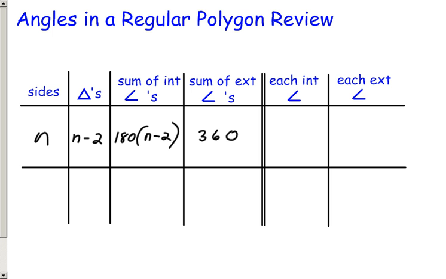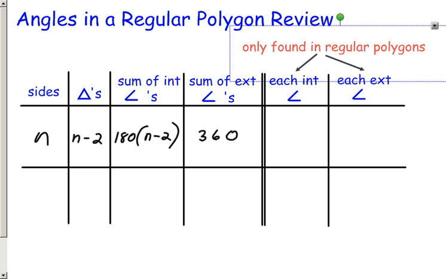Now, if you're talking about a regular polygon, I can find each interior angle one of 2 ways. You could take 180 minus the exterior angle if you already know it, or you could take 180 times n minus 2 divided by the number of angles, which is n.